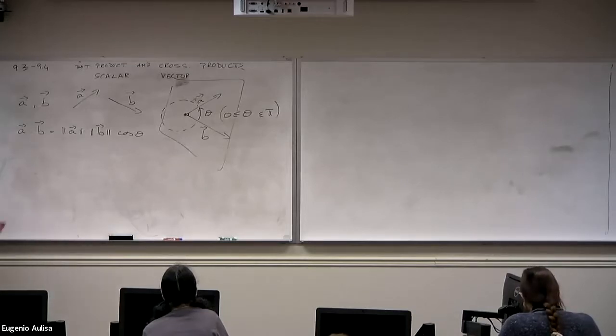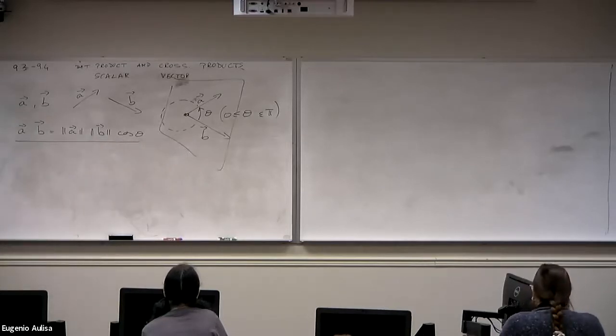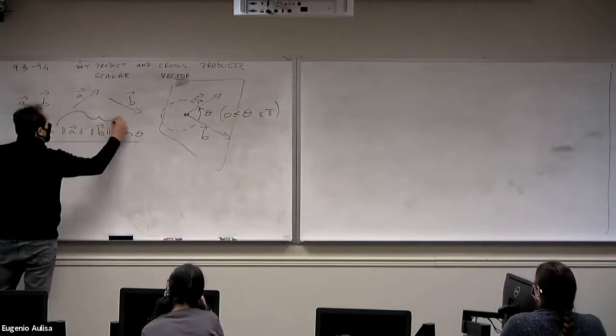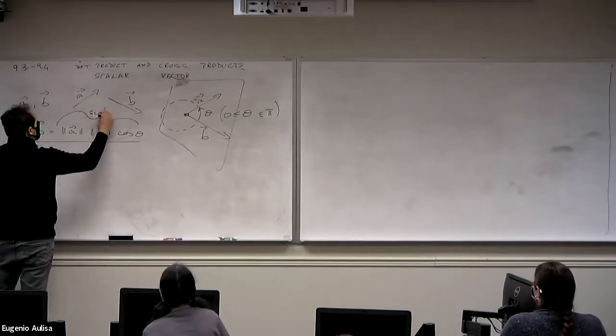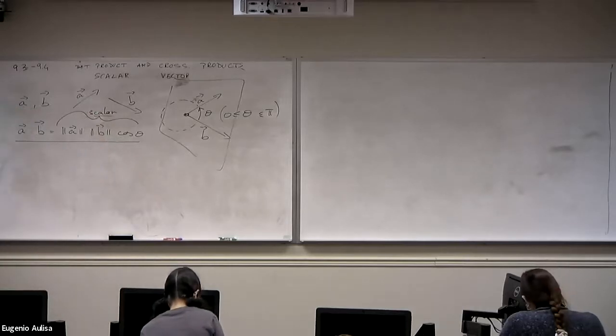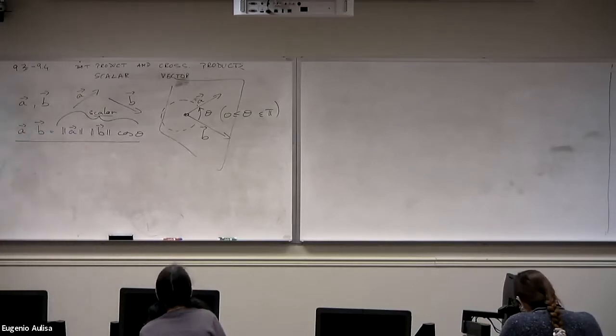So this is the geometric definition of the dot product between two vectors. The result is a scalar, is a number, positive or negative, but it's just a number. So for that we say dot product or scalar product.